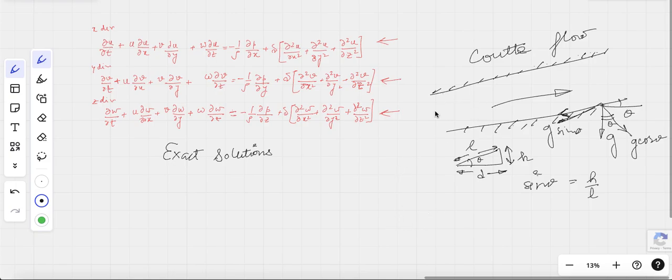We can write the Navier-Stokes equation. These are three Navier-Stokes equations. We'll also have body force in the x direction, force in the y direction, plus some body force in the z direction, right?